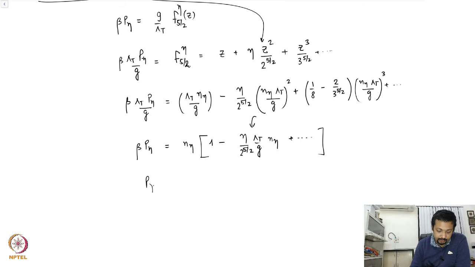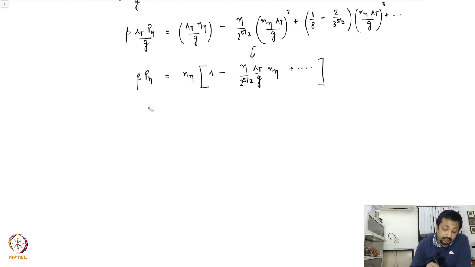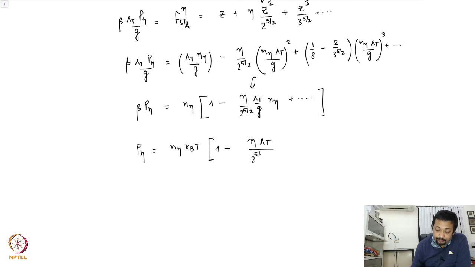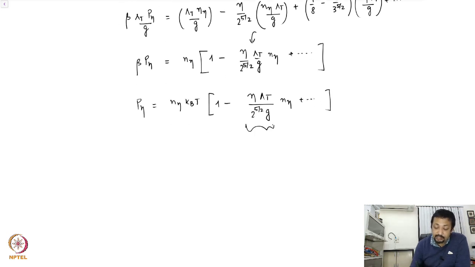so that the thermodynamic pressure of an ideal quantum gas using the canonical formalism comes out to be Pη as nη k_B T (1 minus η λ_T / (2^(5/2) g) nη) plus higher order terms, and you immediately see that this is the second virial coefficient.